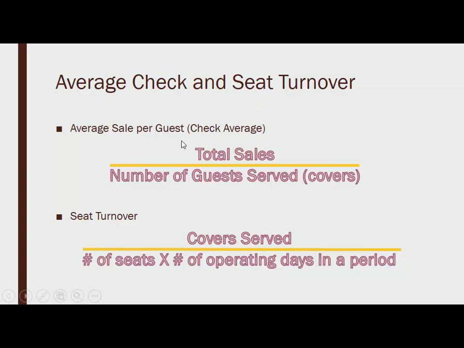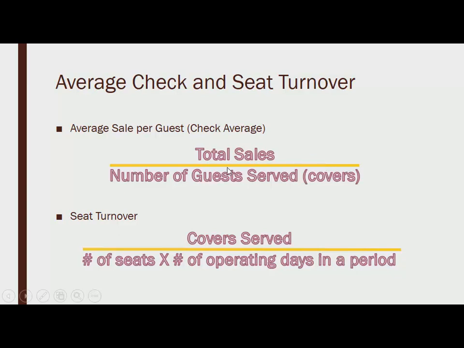Now, our average sale per guest is going to be our check average. Okay? This is again a per unit analysis that you would have done on the income statement, where we compare total sales to number of guests served, or what we refer to as a cover. That'll give us in dollars what our check average was per customer.